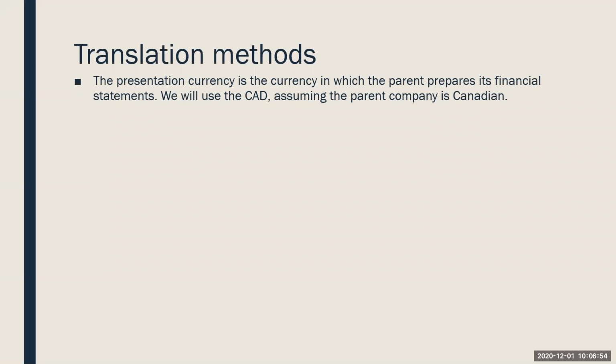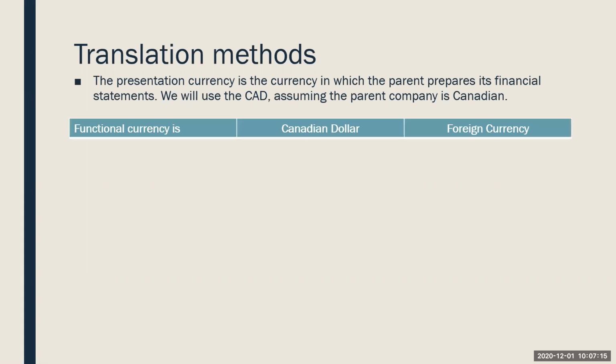Now, keep in mind that we're looking at translating the financial information of a foreign operation into Canadian dollars. The translation methods depend on what the functional currency is. So the functional currency could be the Canadian dollar, or it could be the foreign currency.